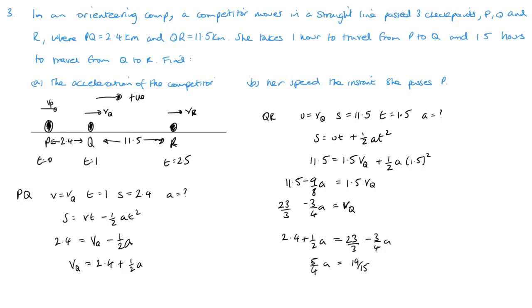So divide that by 5 over 4, and A is, as a fraction, 316 over 75, but as a decimal is 4.21 and then 3 recurring. Now I'll store that in my calculator as A, because I'll need the full exact value when I answer part B.